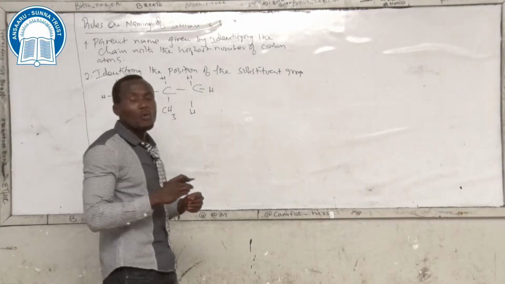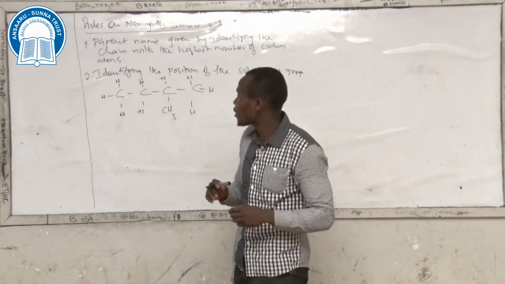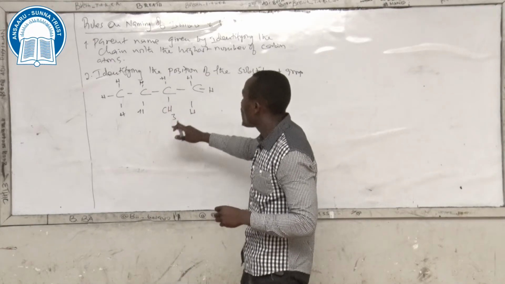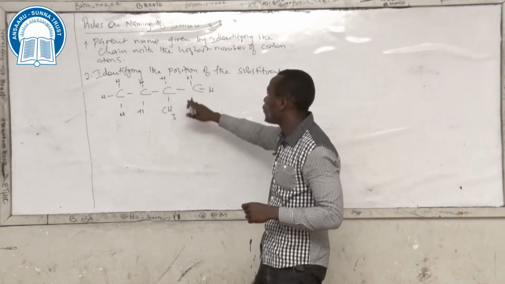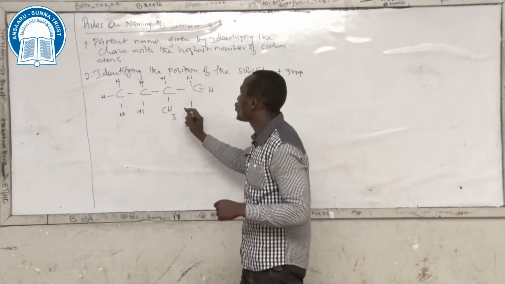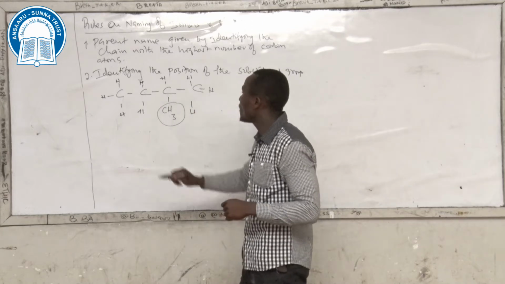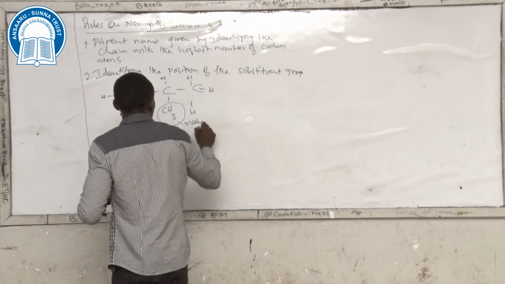The parent name will be given by the chain containing the highest number of carbon atoms. According to this, the highest number is the straight chain with 4 carbon atoms: 1, 2, 3, 4. And we have the group, which is a methyl here. So the substituent group we have here is known as the methyl.